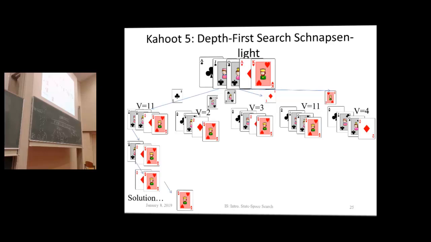Here I play the jack, so that gives us 13 points. Here I play the queen, that gives us 15 points, and then I play the ace until I'm in this state. And this is a solution because I've now played 26 points. Yeah? So I find a different solution with a different search strategy.